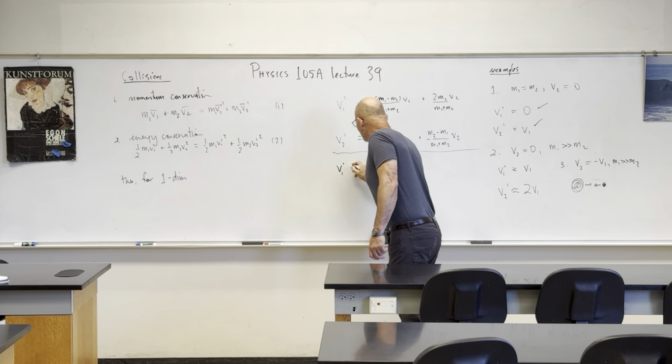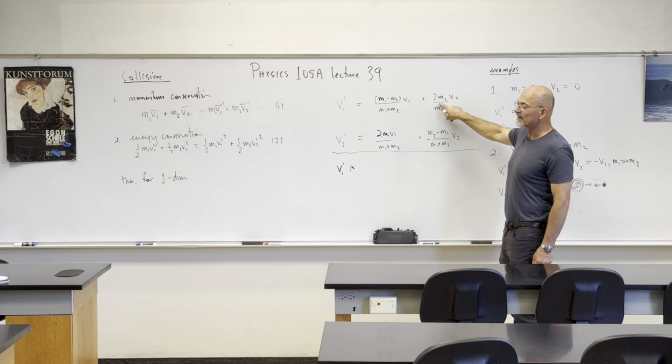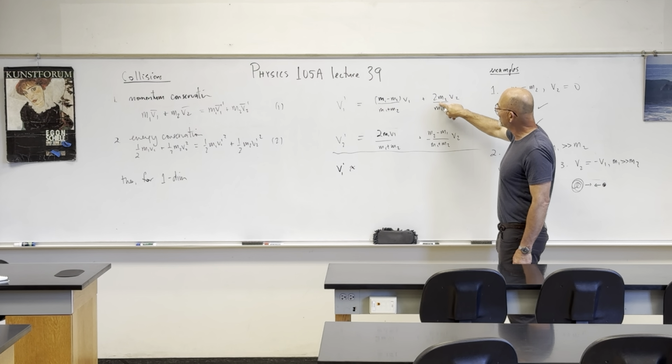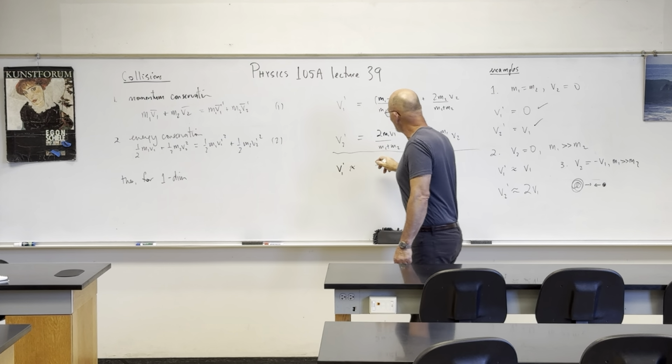We're going to be very approximate about it. M1's much larger, so this denominator makes this very small. Makes sense? So we're going to ignore this one. And so V1 prime is still approximately V1. But now what about V2 prime?